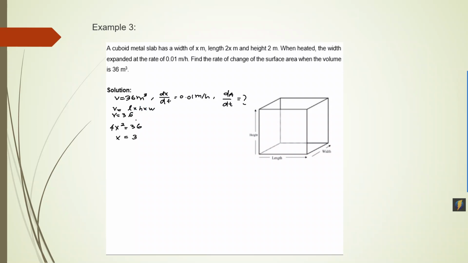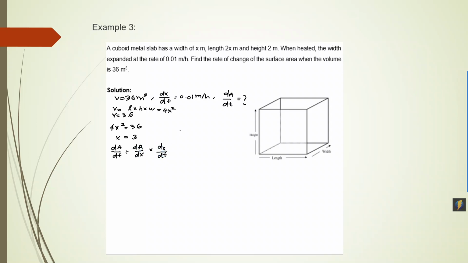So we get 36, equals 4x squared. So 4x squared equals 36, so x equals 3. Okay, so dA over dt equals dA over dx times dx over dt.